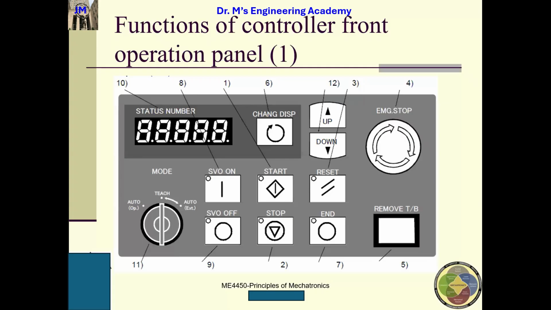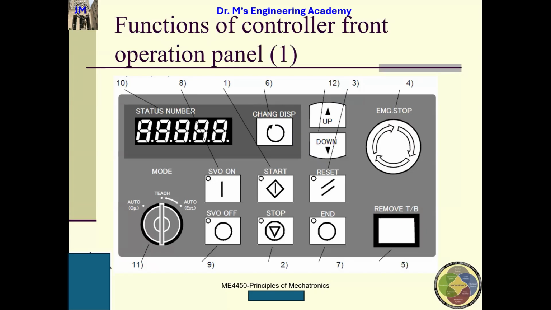Okay, so this is the function of the controller front operator panel. You can see here this is status. This status just shows what is going on. And then servo on and servo off. I want you guys to write this down. Before you implement your program, you have got to turn on the servo.